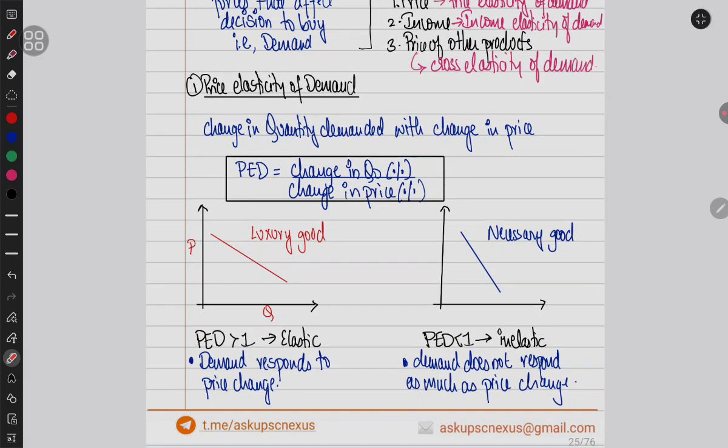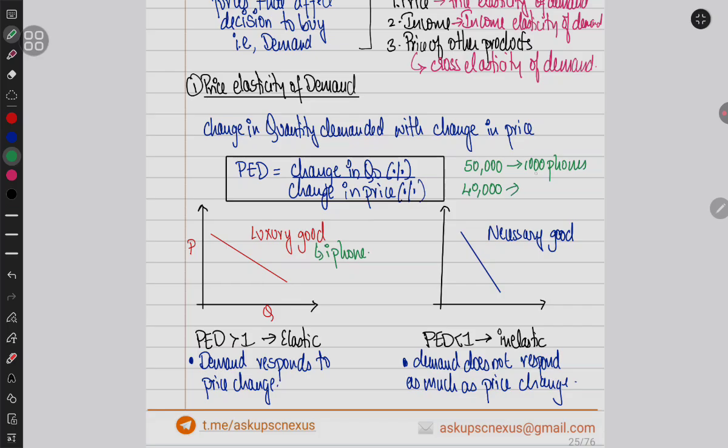Okay, so we have discussed previously about luxury goods and necessary goods in the previous class, right? So now consider a luxury good, like an iPhone. Earlier iPhones were, let's say, 50,000, right? At that time, people used to demand, let's say, 1,000 phones, but suddenly during Big Billion Days or something we got a sudden 10,000 decrease, to 40,000.